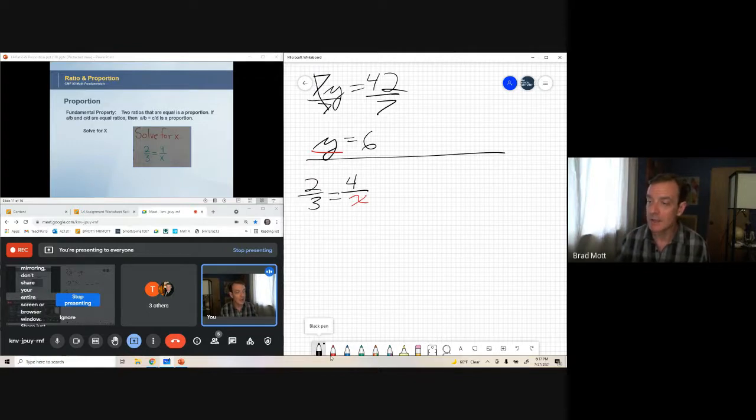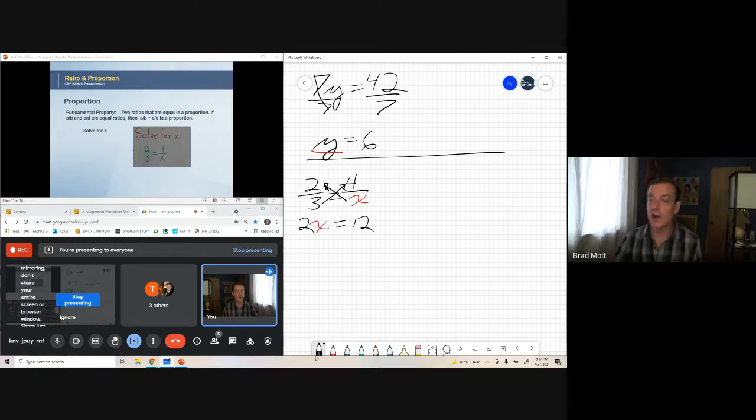And by that, I mean I'm going to multiply the denominator times the numerator on that side of the equal sign, the denominator and the numerator on this side of the equal sign. So 2 times x is 2x, right? And 3 times 4 is 12.